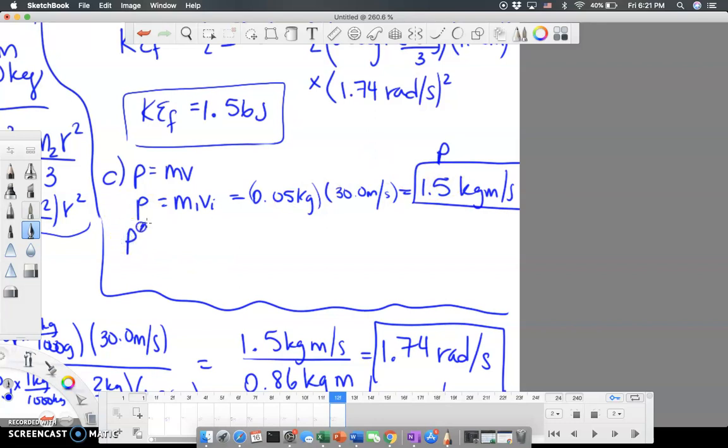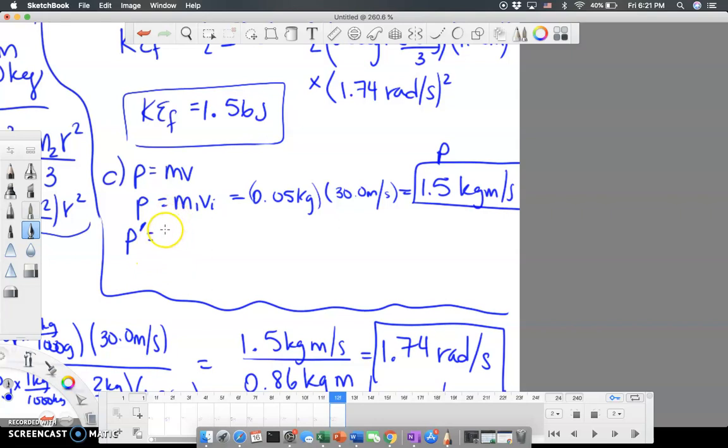And then after the collision, P prime, it's going to be a little bit different because now we have two objects. So we have the linear momentum of the first object and the linear momentum of the second object.